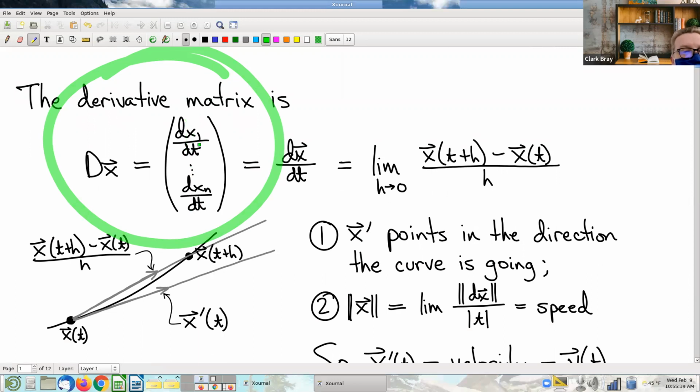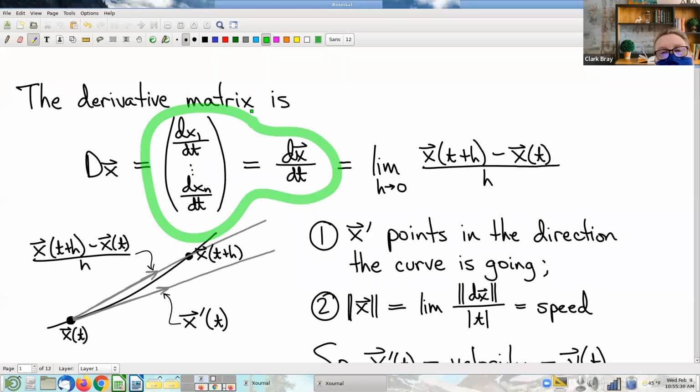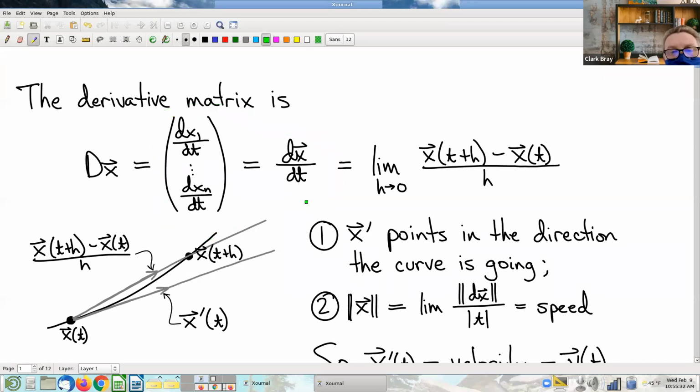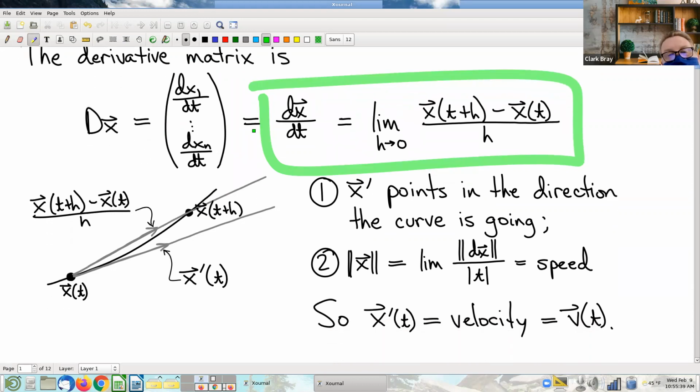I mean, everything's a function of just t, right? So you get a single column matrix, and in fact, it's exactly the derivative of the parameterization. And derivatives are easy to write down as limits. That's the definition of the derivative of a single variable function.